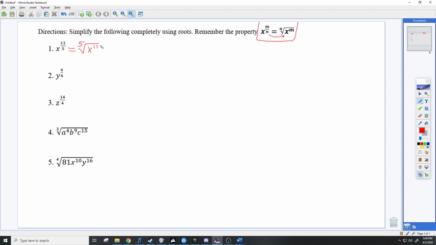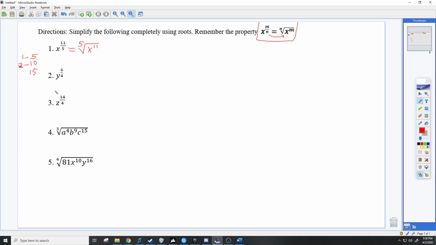Now, in order to simplify this any further, we look at the power and compare it to the root number. The root number is 5, and we ask ourselves, how many times does 5 go into 11? If you think about counting by 5s, you have 5, 10, 15, the multiples of 5. 5 goes into 11 two times.